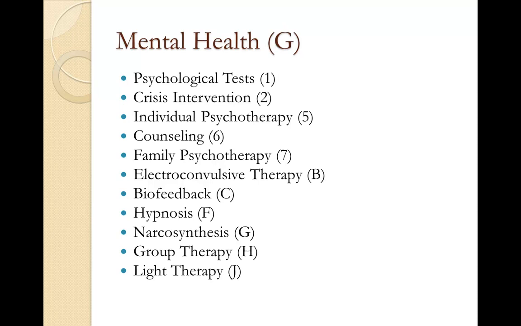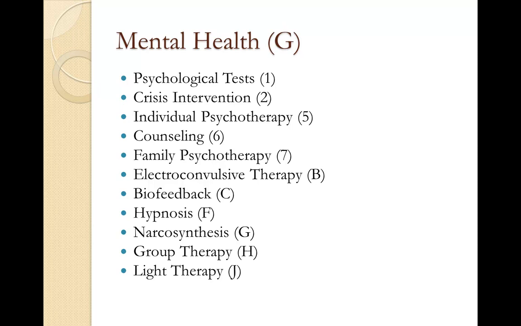I'm not sure if those are going to be coming or if they're, again, just using kind of industry standards here. So we have psychological tests, crisis intervention, individual psychotherapy, counseling, family psychotherapy, electroconvulsive therapy, biofeedback training, hypnosis, narcosynthesis, group therapy, and light therapy.